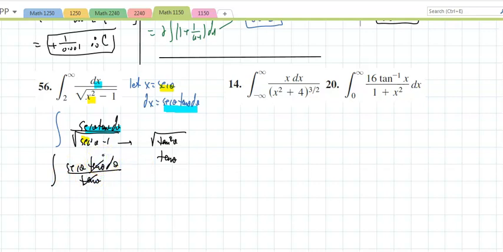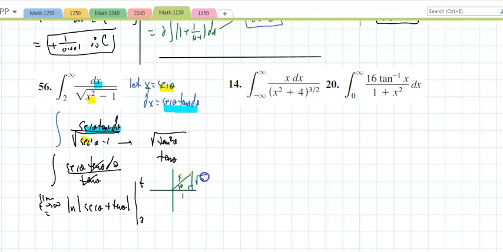Those cancel out, and I'm left with natural log of absolute value of secant of theta plus tan of theta, and I'm going to evaluate that from 2 to t and take the limit as t approaches infinity, but I do need the triangle. So if I draw my triangle, secant is hypotenuse over adjacent.